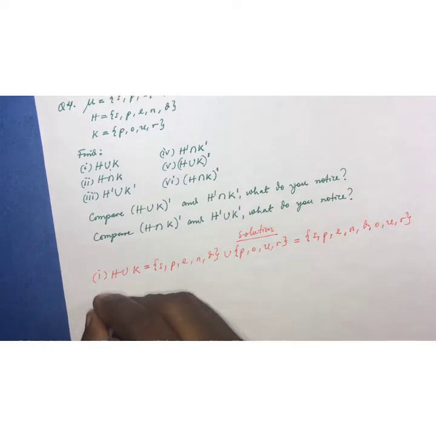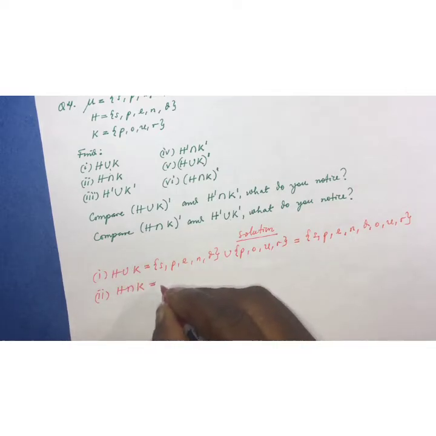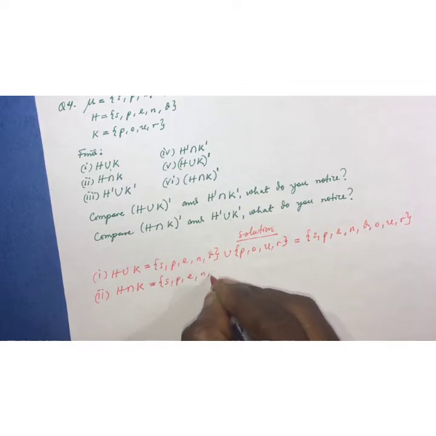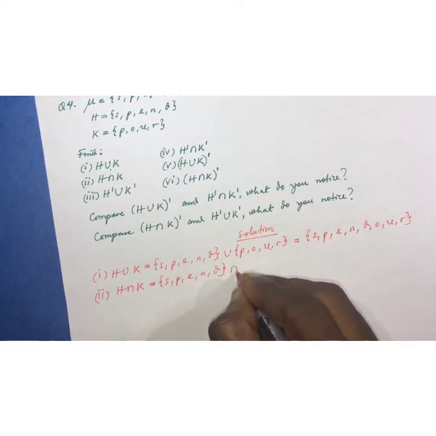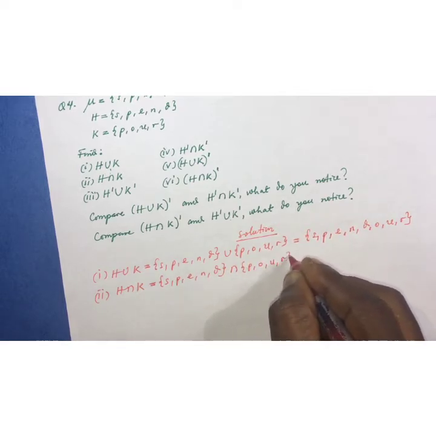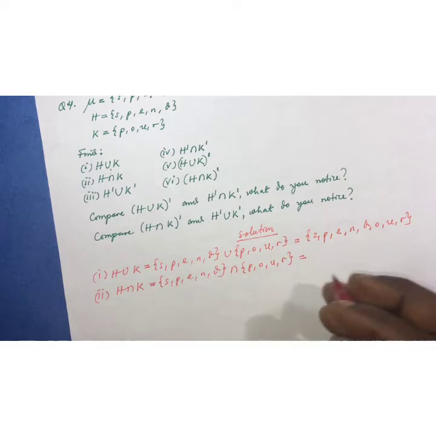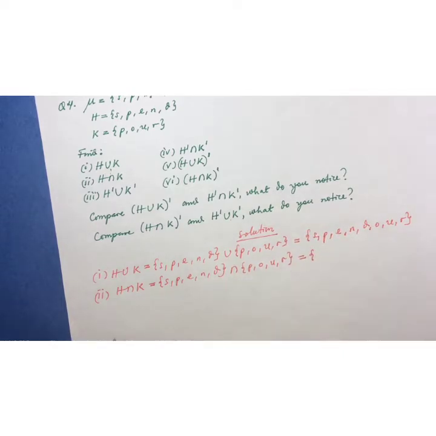Okay, so let's go to number 2. H intersection K is what we are asked to find, and that will give us S, P, E, N, D intersecting with P, O, U, R. Now, if you intersect, it will mean writing out the elements found common to both of them.